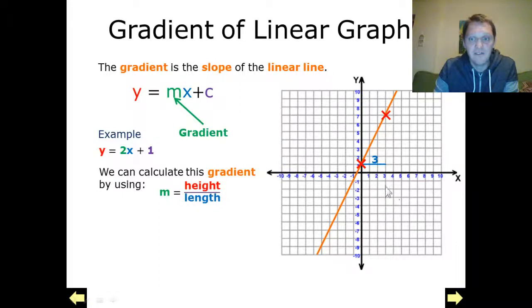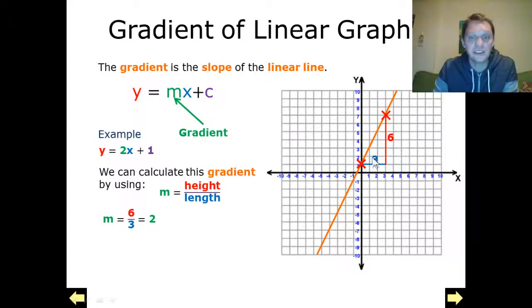So the length going along the x-axis, I'm going along 1, 2, 3 until I'm in line with the other coordinates that I've chosen, and then the height, 1, 2, 3, 4, 5, 6, in which case 6 is going to be my height. So I've created a triangle on my line with the length and with the height.